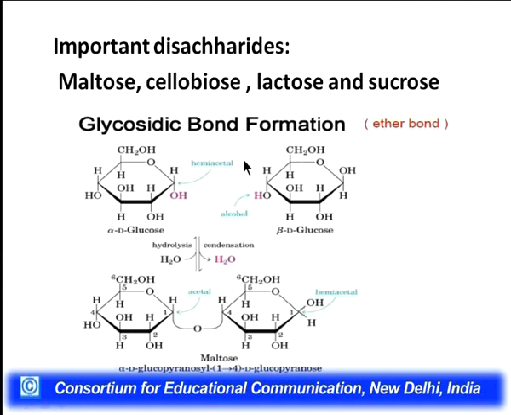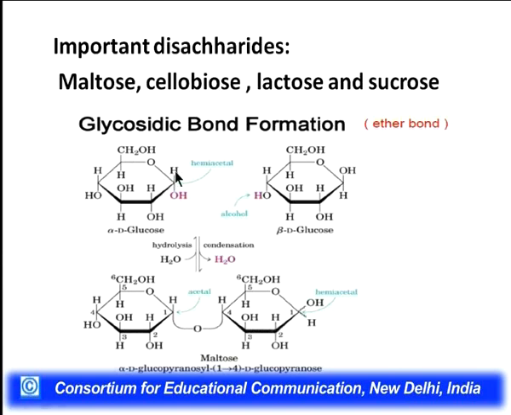Now the bond will be formed between this anomeric carbon, which belongs to alpha D glucose, hence the glycoside or the disaccharide formed we will call alpha D, because which carbon is being involved? The anomeric carbon here, which is of the alpha D glucose.